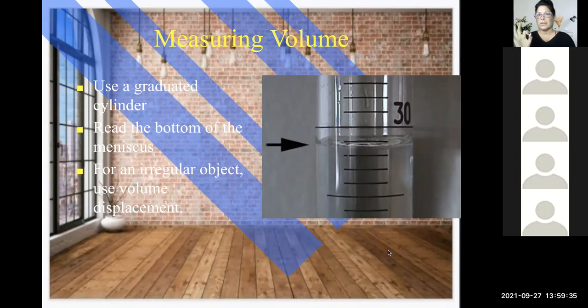If it's an irregularly shaped object, anything you can't measure with a ruler, you can use the displacement method, where you take your graduated cylinder, fill it up to a certain point, and take that measurement down. Then you place that irregularly shaped object inside of the graduated cylinder, take down the new amount, write that down, and subtract them, and then you will have your volume for that irregularly shaped object.